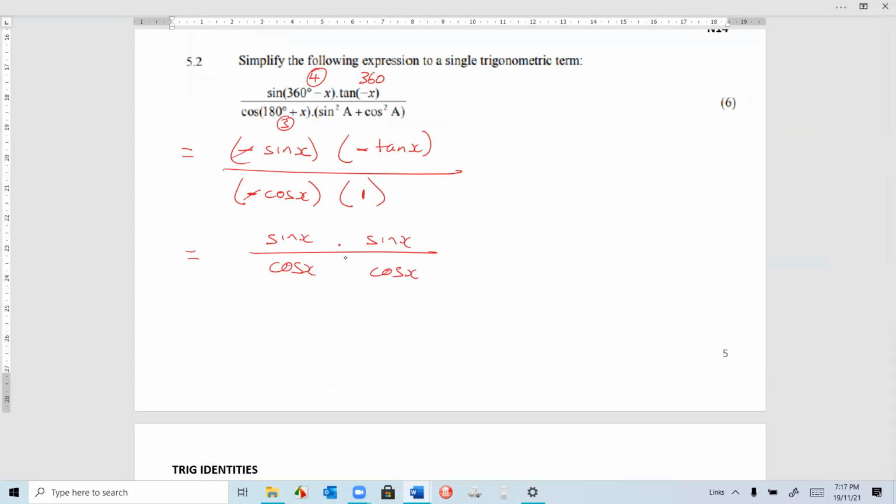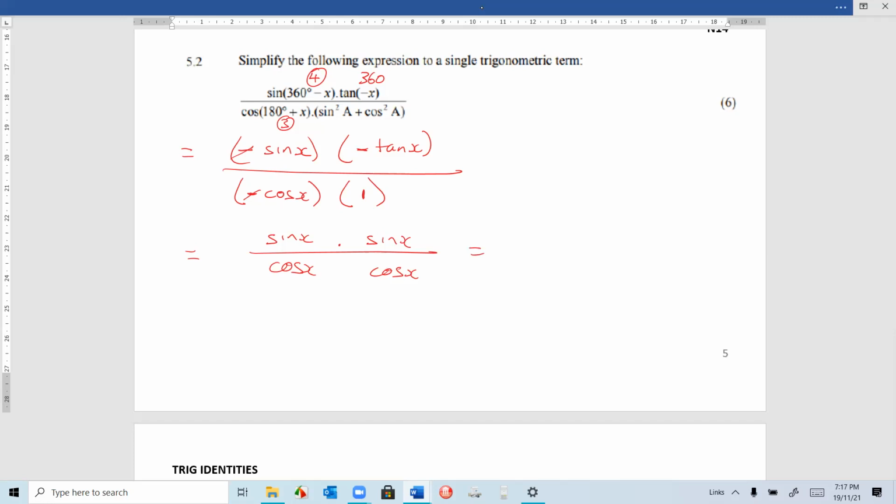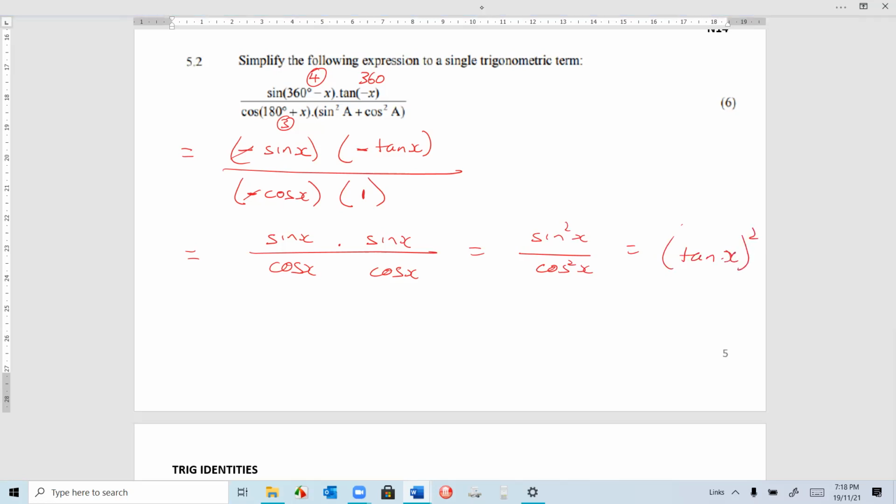Or we could have gone the other way and said, all right, you know what? The easy way to look at this is, okay, we can carry on with this and just say this is actually sine squared x over cos squared x, which is the same thing as saying sine x over cos x is tan x, and all squared.